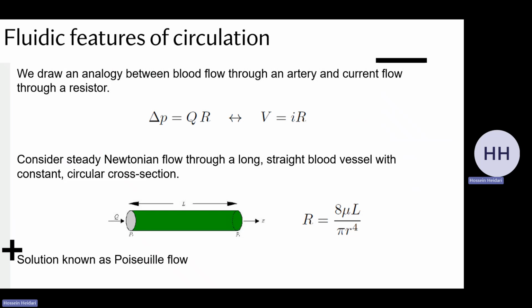If you increase the diameter or the radius, it's going to reduce the resistance by a fourth power of that radius. Okay, so you hopefully understand the correlation with each of these, but the exact equation, I'm not expecting you to be able to derive. We're going to use it as a tool. That's something that you probably have done or are doing in fluid dynamics.